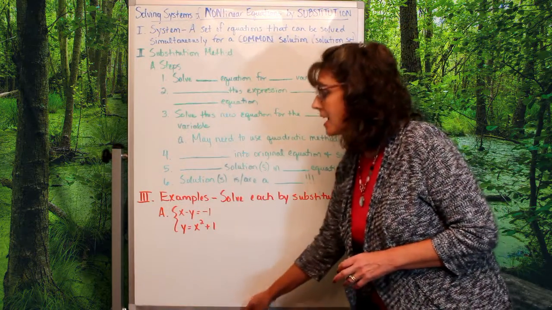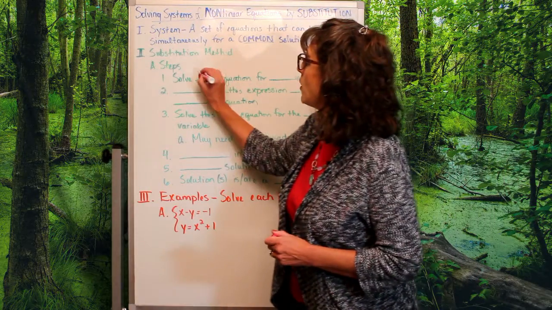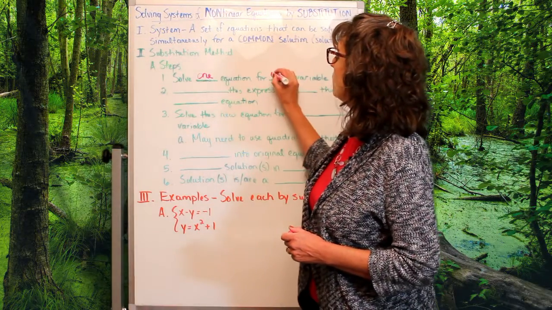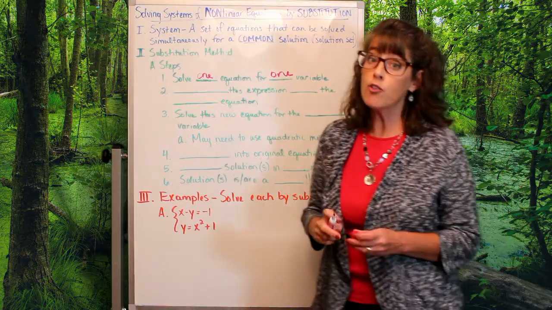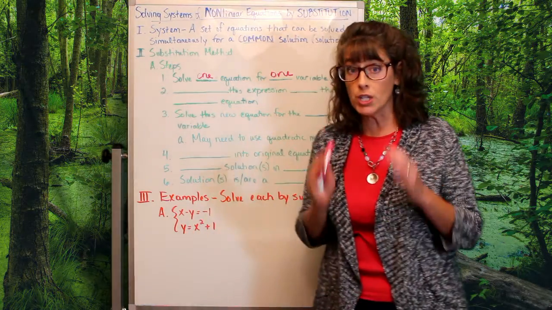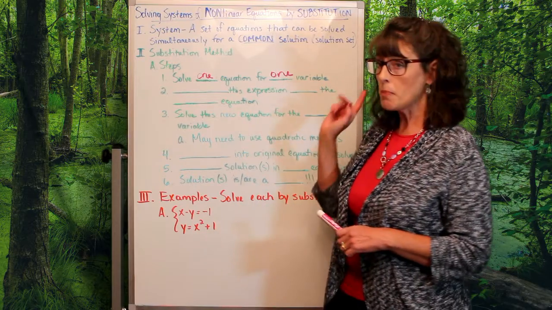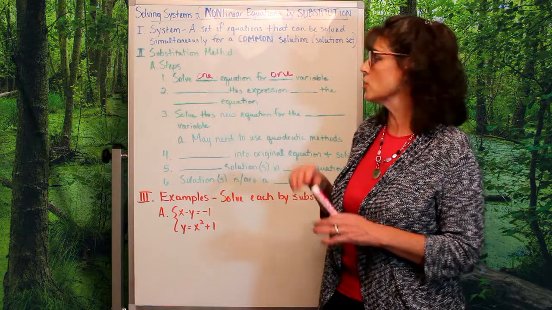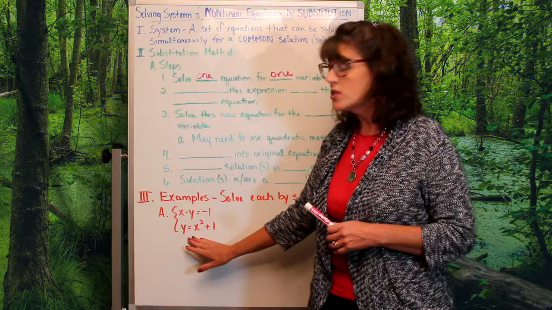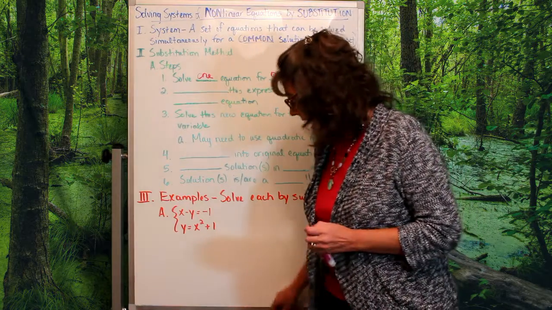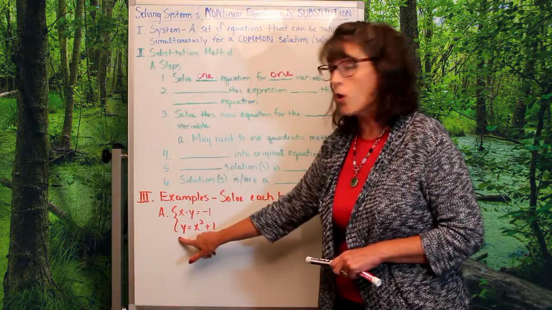So that means that to begin with, I need to solve one equation for one variable, which sounds an awful lot like the method of substitution for those linear systems, and it is an awful lot like the method for linear systems. But after we take one of those equations and solve it for one variable, notice in this system that's already been done. I already have this equation solved for y.